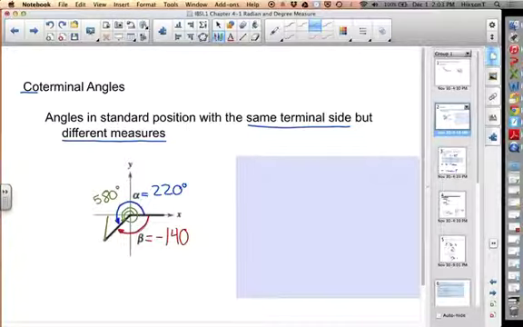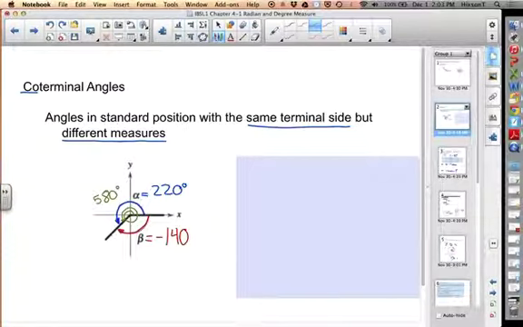Okay? And that's a very poor example, but it's the best I could come up with off the top of my head. But anything that rotates, you can figure out, and it's actually what's called periodic behavior that we'll look at later on as we get into the graphs of sine and cosine.